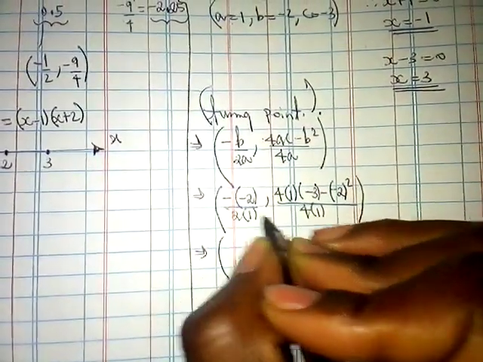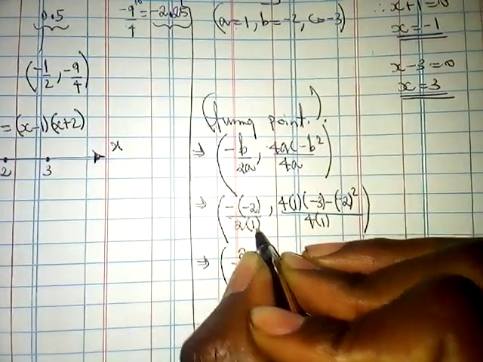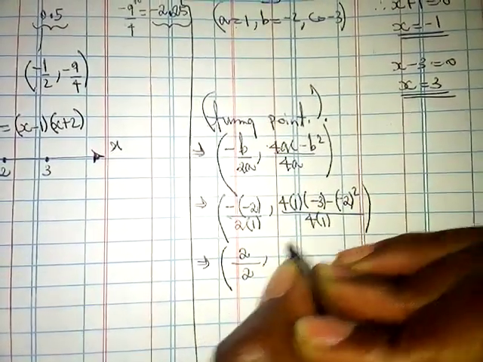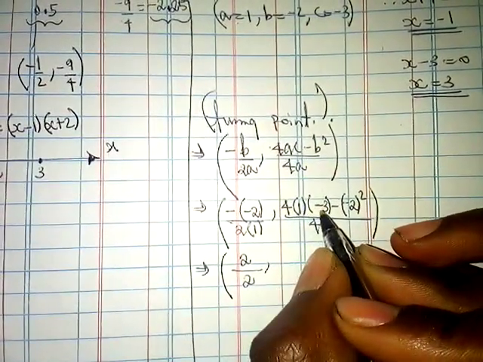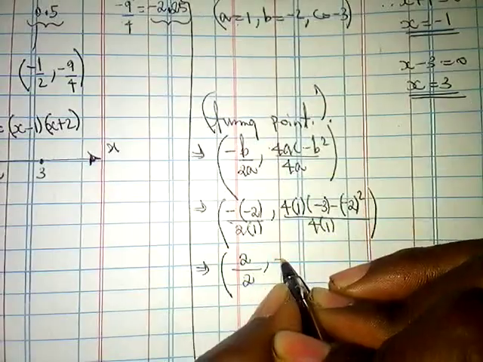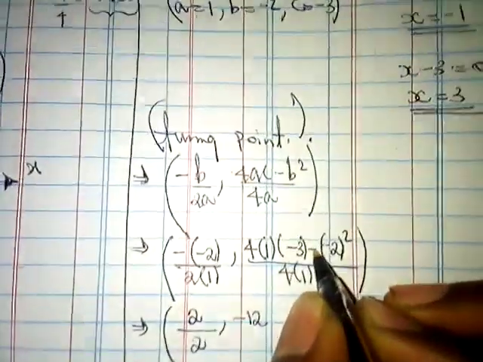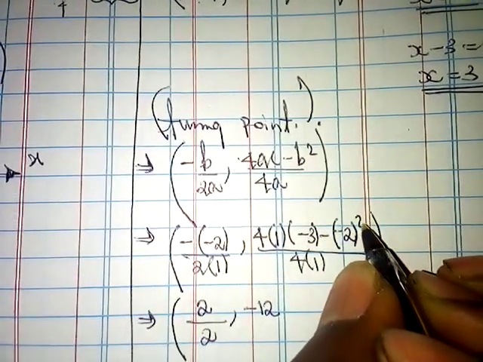Negative times negative, that's positive. So 2 over 2 times 1, this is just going to be 2 again. Comma. Well, 4 times 1, that's 4. With a negative 3, this is going to be negative 12. Don't directly go to say negative times negative, positive, and then you work out the square.